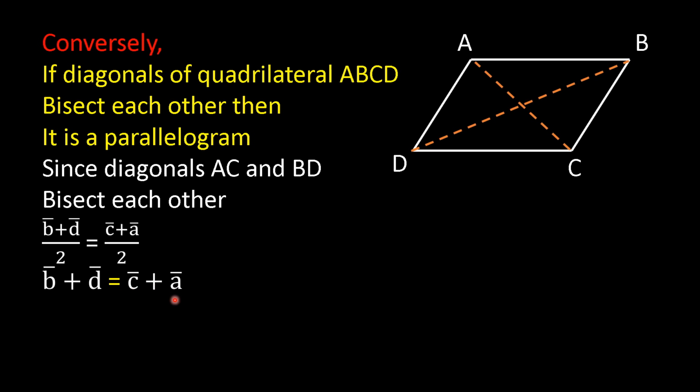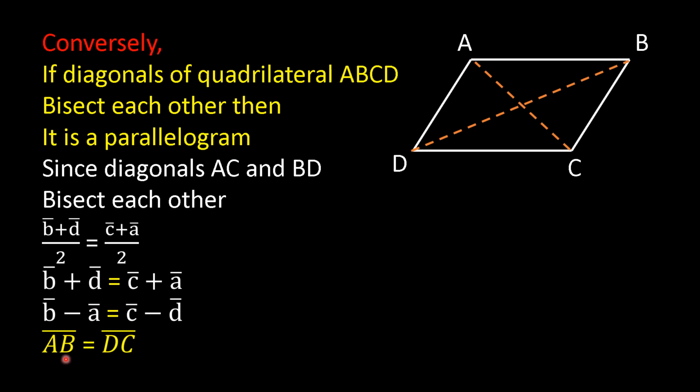We will rearrange the terms and write B bar minus A bar equals C bar minus D bar. Now B bar minus A bar is nothing but AB bar and C bar minus D bar is DC bar.